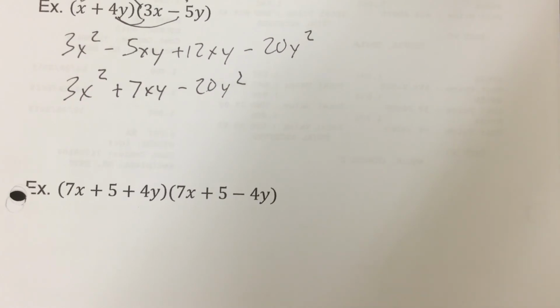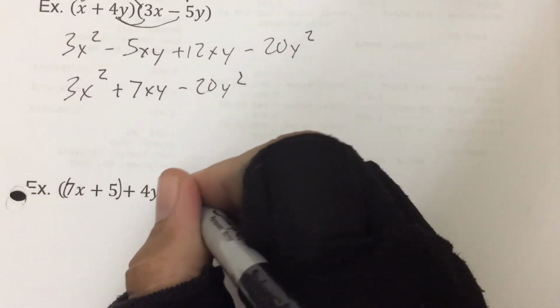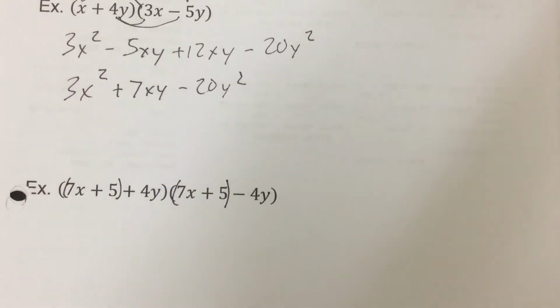Now we have a trinomial times a trinomial. So you can go through and just FOIL it all out like we normally do, where we distribute each term to the next one. Or we can look at this as the beginning here is the same on both. So this is really a sum and difference of two binomials, if you want to look at it that way.